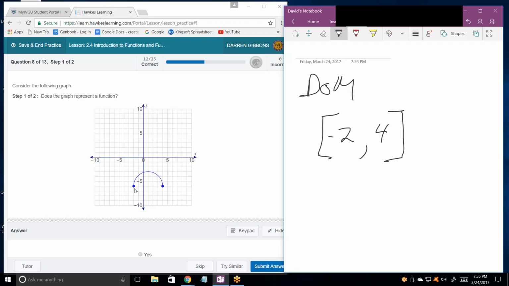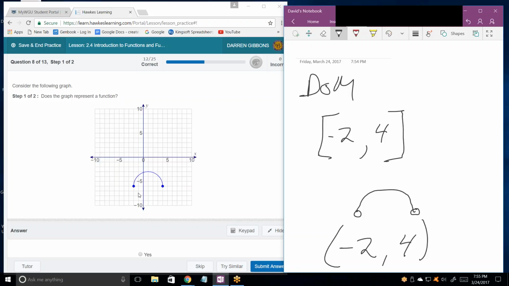If these were open circles, in other words, if the graph looked like this, an open circle means it can't be those numbers. And that would look like this, -2 to 4 using parentheses. So that's the difference between parentheses and brackets. The parentheses mean that it cannot be -2 or 4.